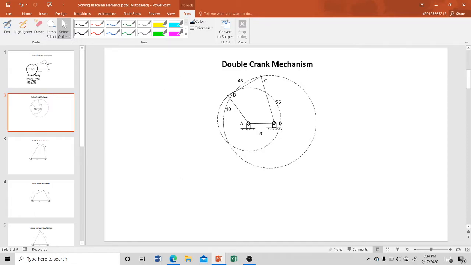In the double crank mechanism, the shortest length is in the frame or the fixed length.